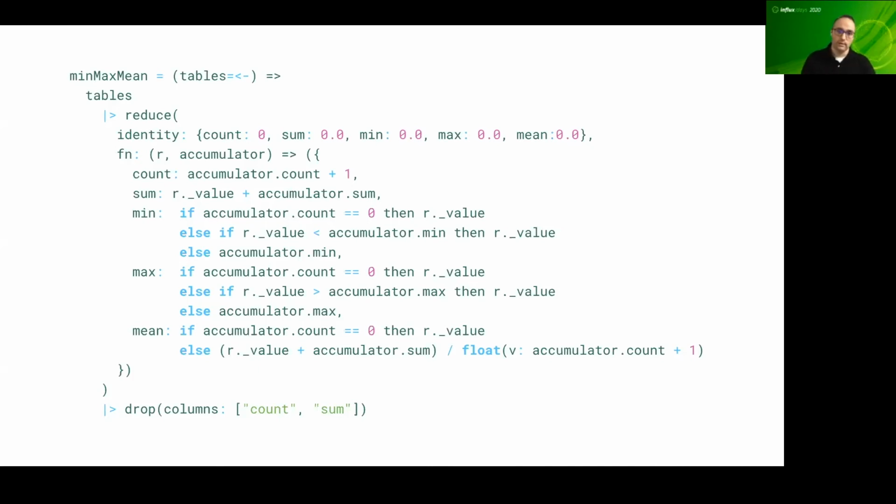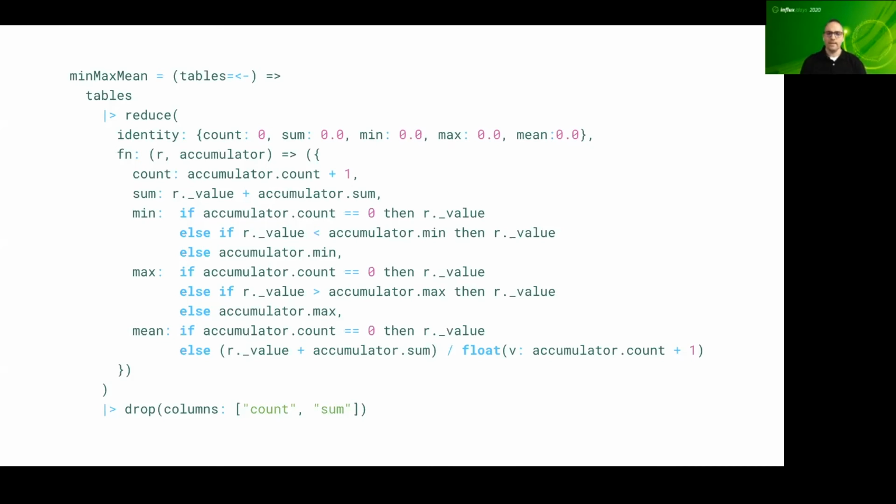Else, if the value is less than the accumulator min, then replace the min value with the current record value, or else maintain the accumulator.min. Same with max. If this is the first iteration, then use r._value as the max. If it's not the first iteration, and r._value is greater than the accumulator max, then set max to the current row value. Or if it doesn't meet either of those, return max.